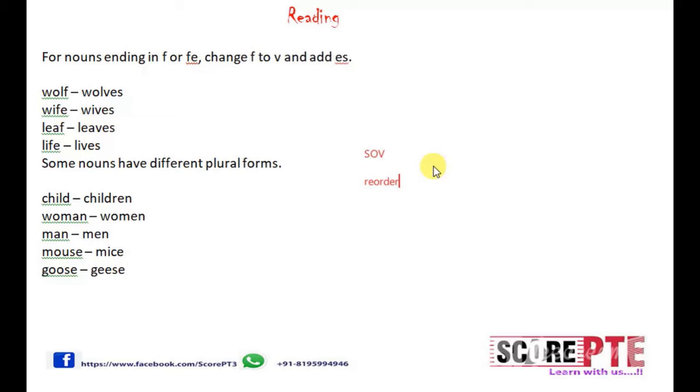So, moving to the next slide with the tenses. Our next task is the tenses, which is very important for reading fill in the blanks.